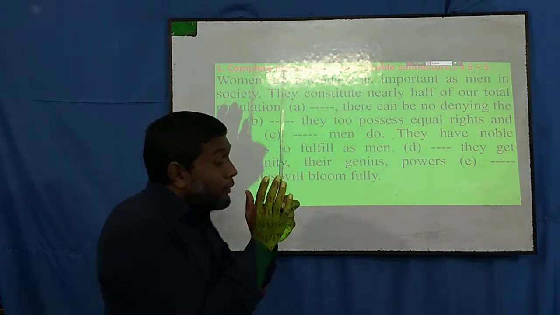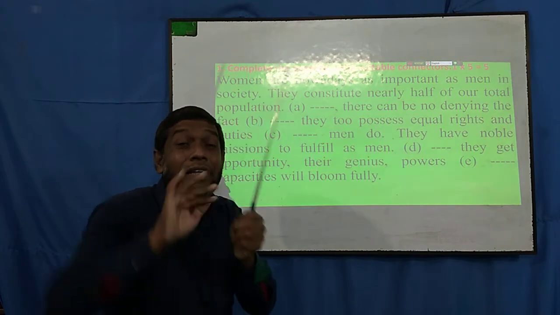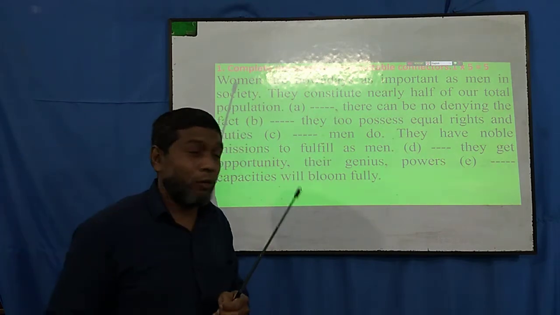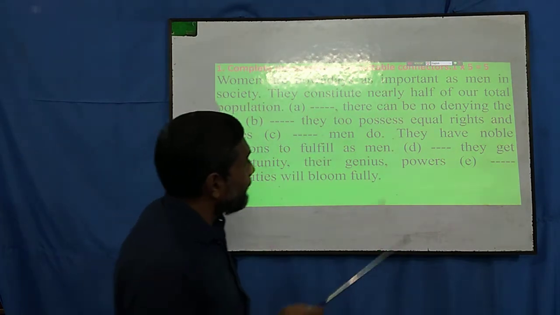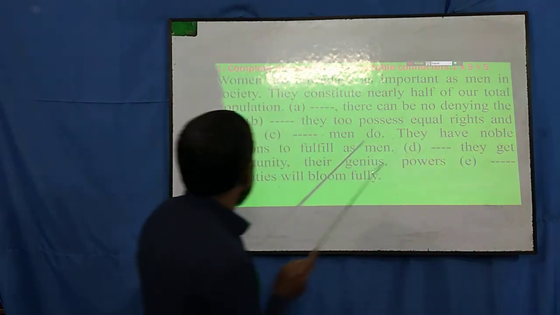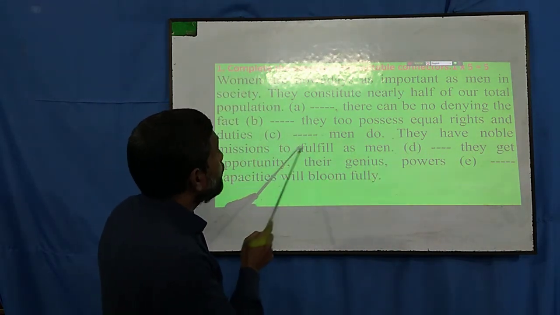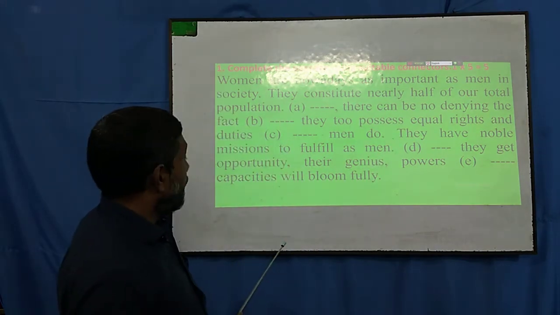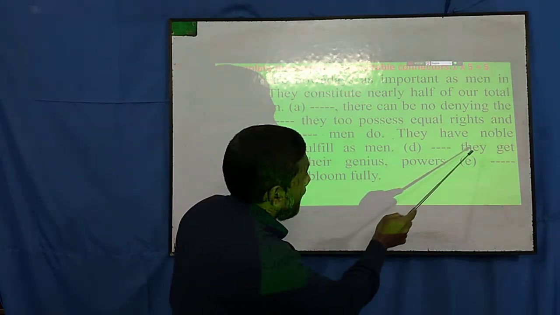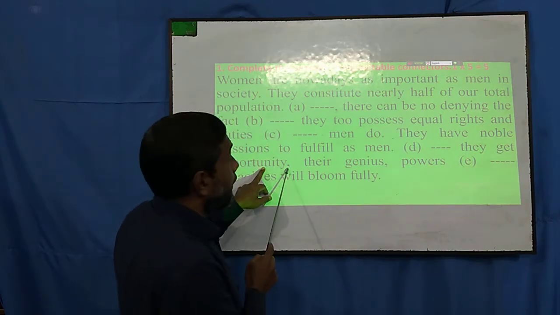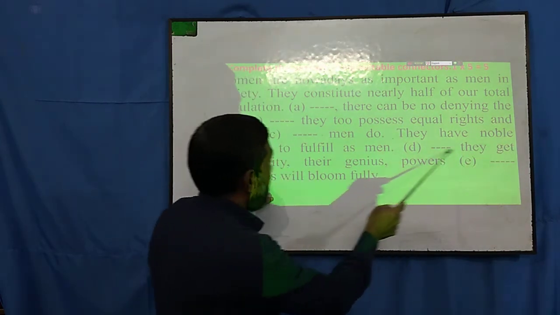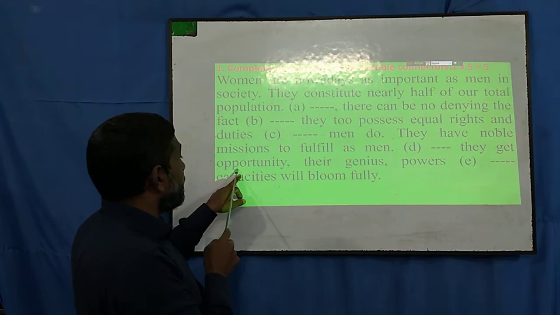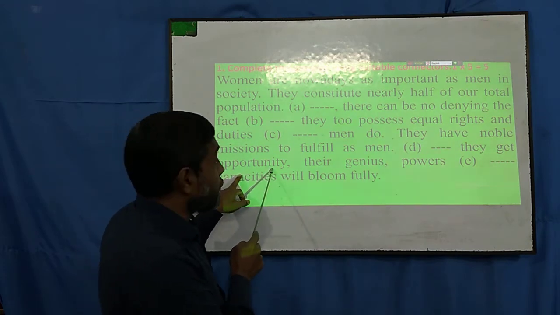But if the gap is between two words, then my thinking will be different. I will show you an example here. "They have noble missions to fulfill as men." So here the sentence is okay. Now again, "they get opportunity," this is a comma. You know it completely, this is a clause.